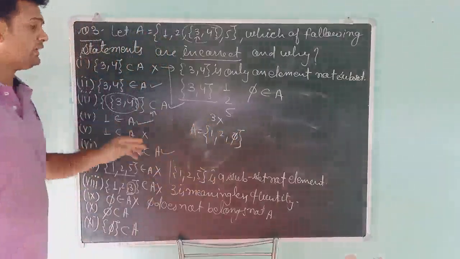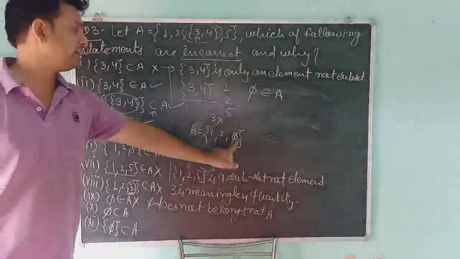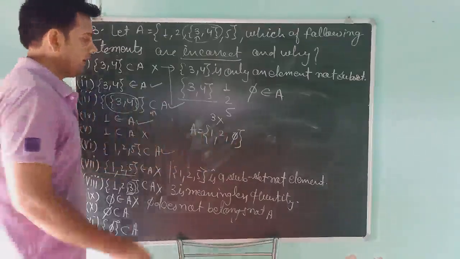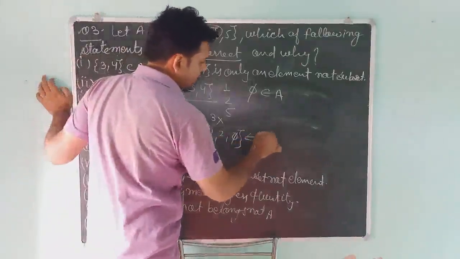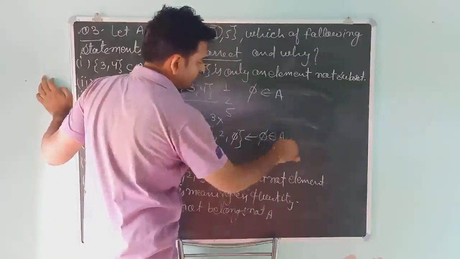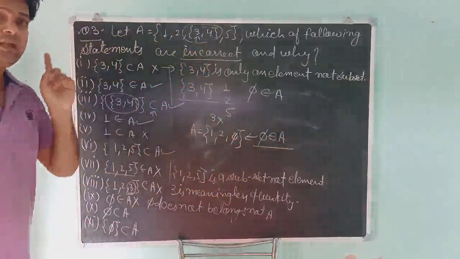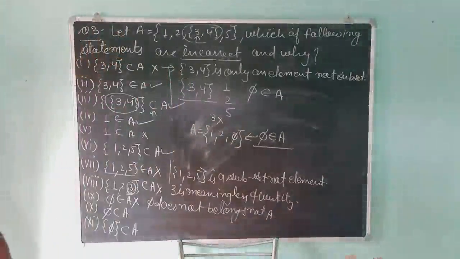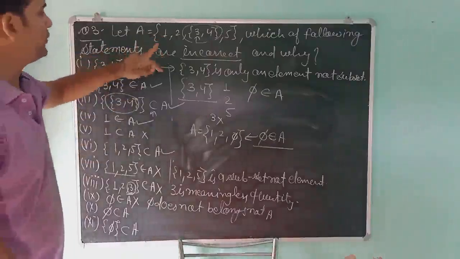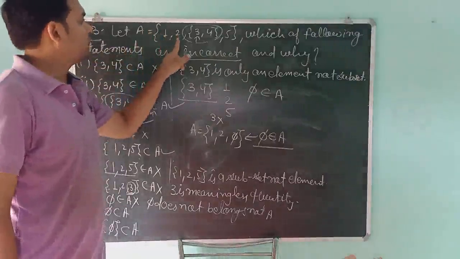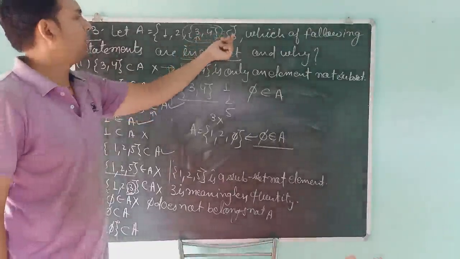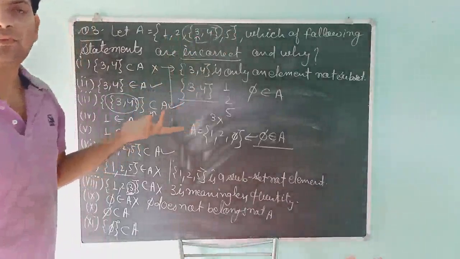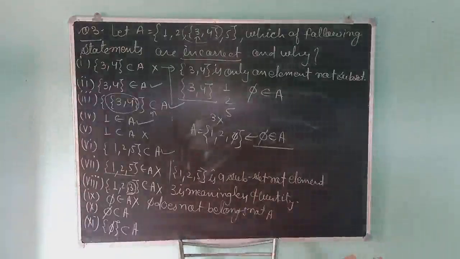Only in that condition you will write 5 is an element of the set A. Only in this case, if there exists an element like 5. But here you can see that we have only 4 elements, 1, 2, 3, 4 with bracket, and 5. Here we don't have any 5, so I can't write it.